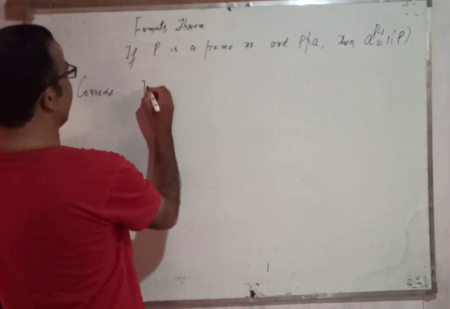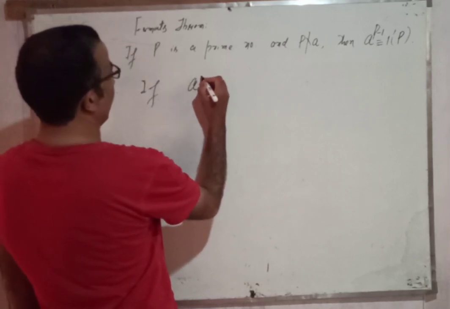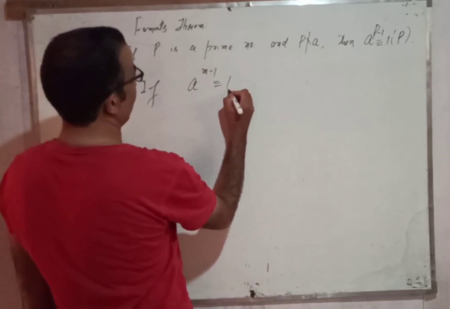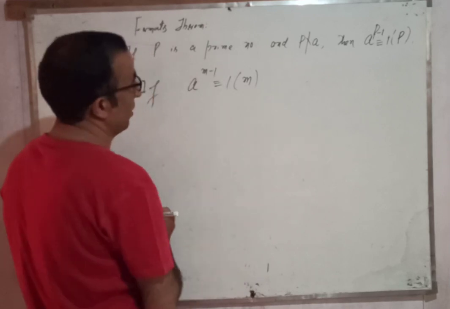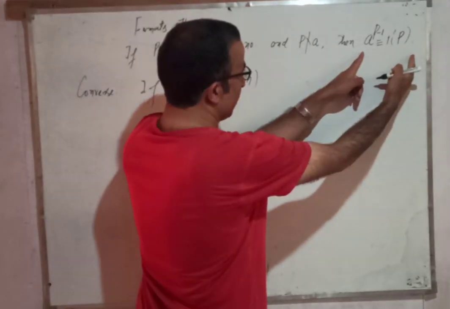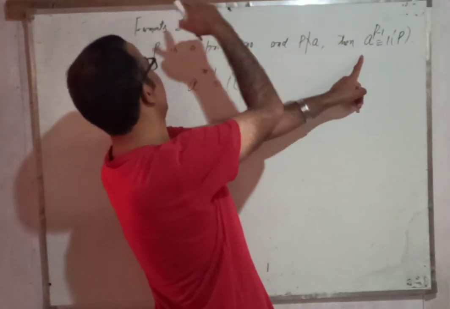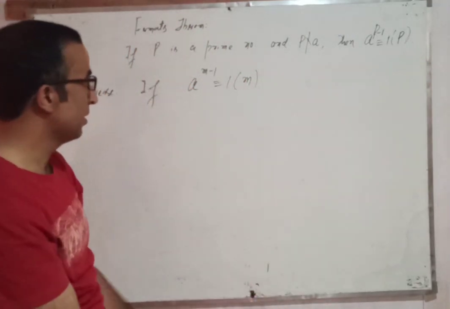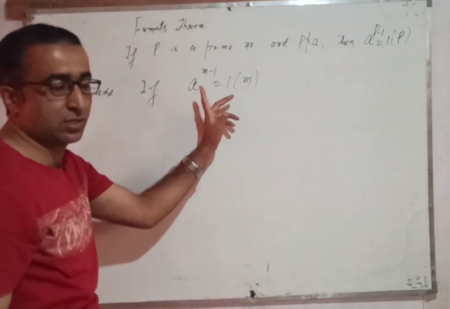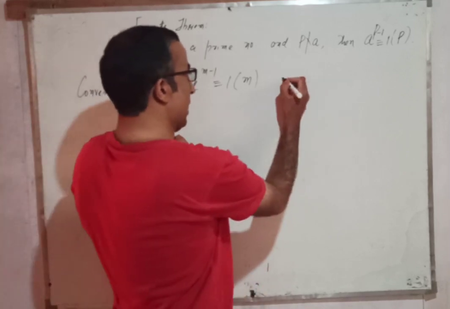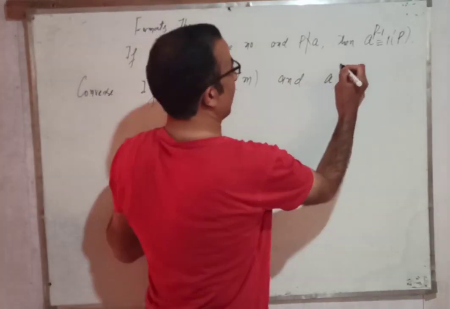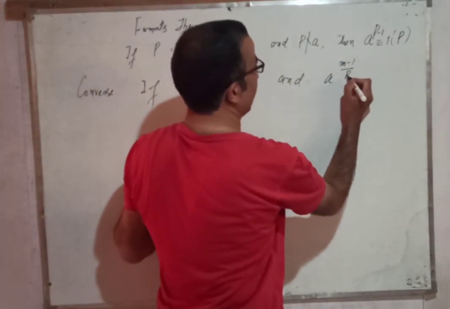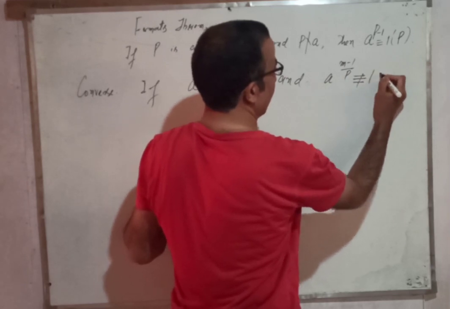If you have a power m minus 1 congruent to 1 modulo m, this must imply m is prime, but there is one more condition on this relation: a power m minus 1 over p is not congruent to 1 modulo m.